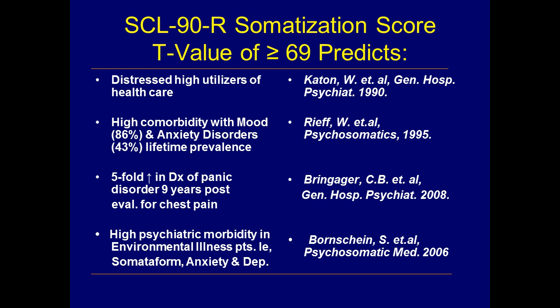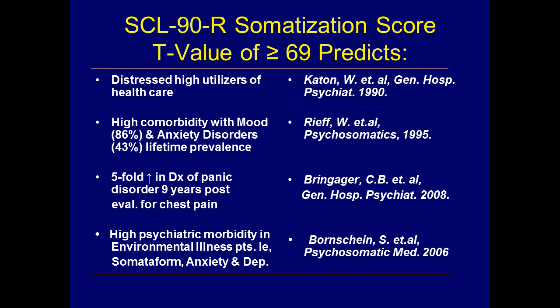What they found was that in those individuals who had a somatization score on the SCL90 of 69 or above, there was a 5-fold increase in the diagnosis of panic disorder 9 years later. So I think that's very interesting.